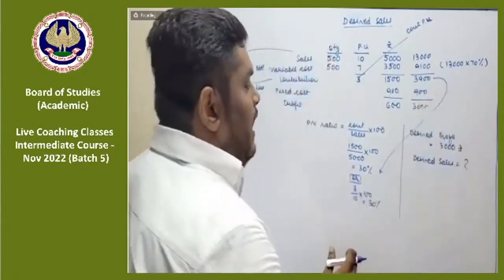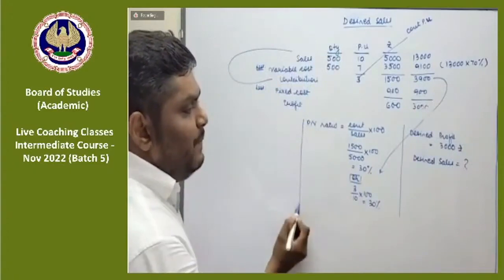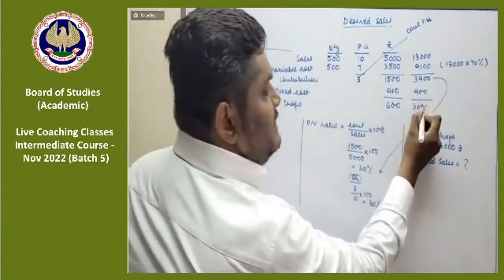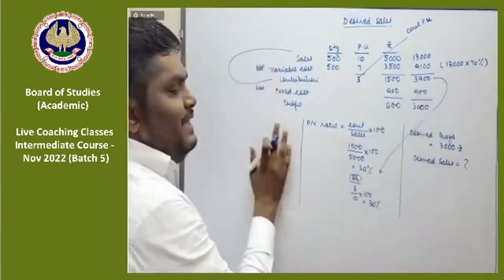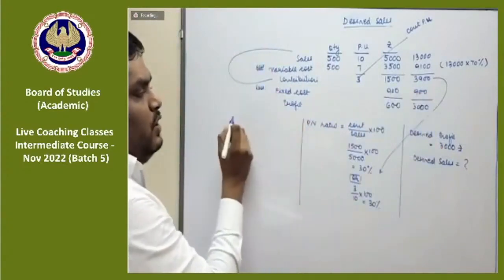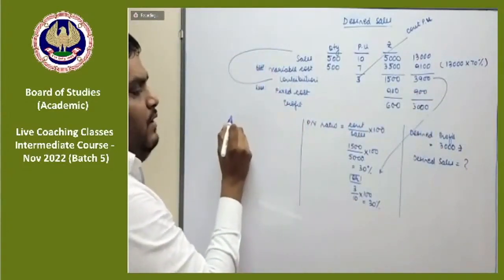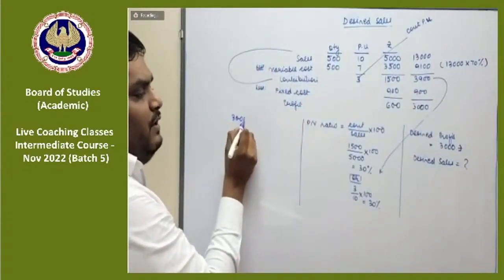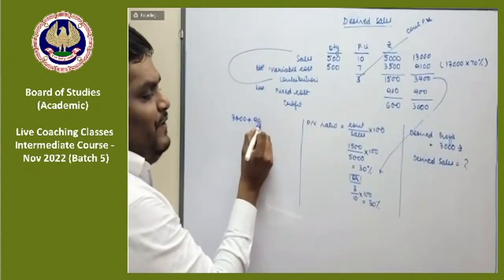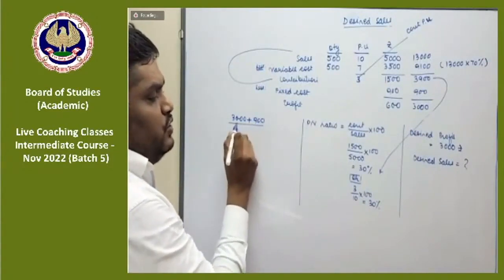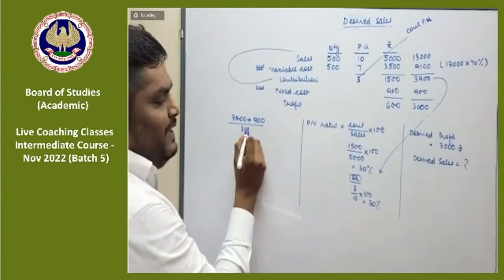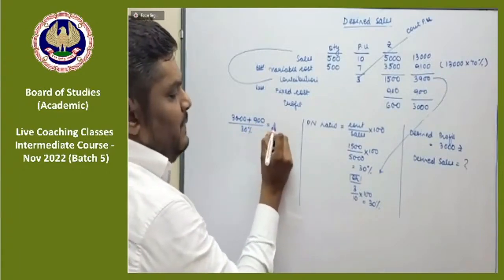So again, how is this formula derived? Very simple, guys. In desired sales, we have to recover a profit of 3,000 plus 900 fixed cost. So in aggregate, we have to recover 3,900 divided by 30%.